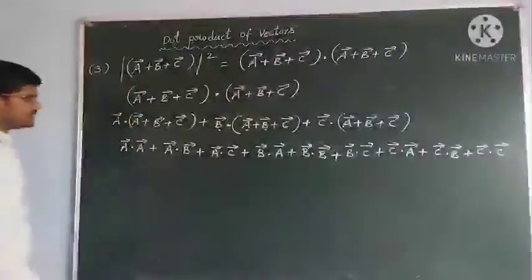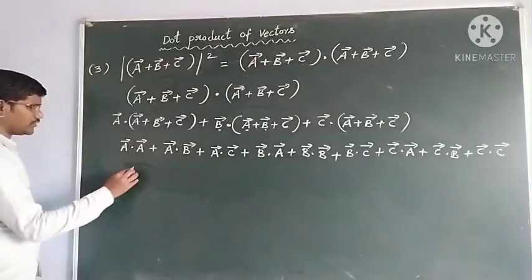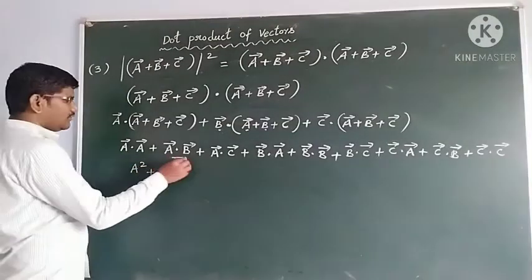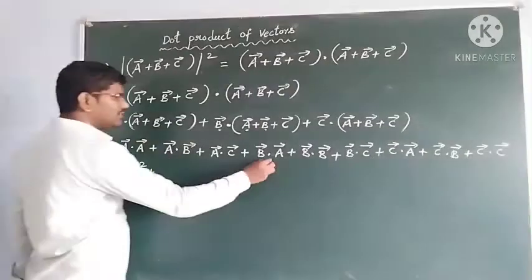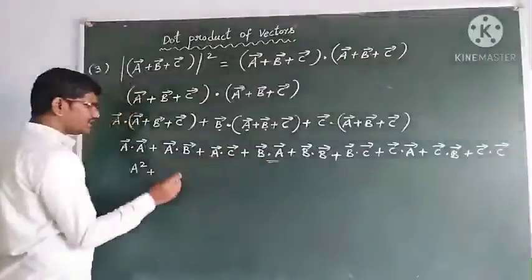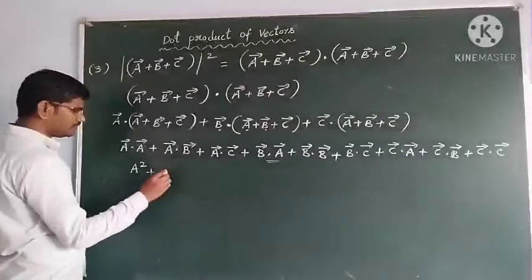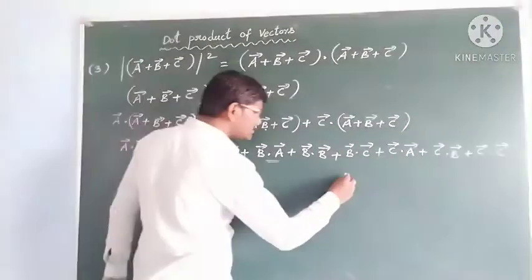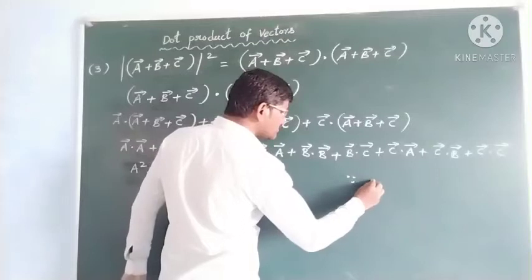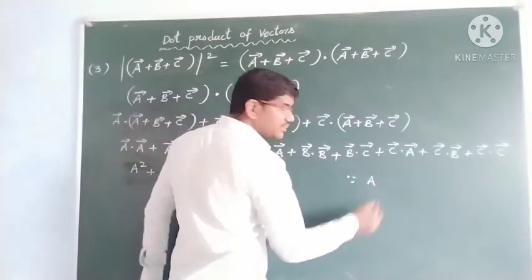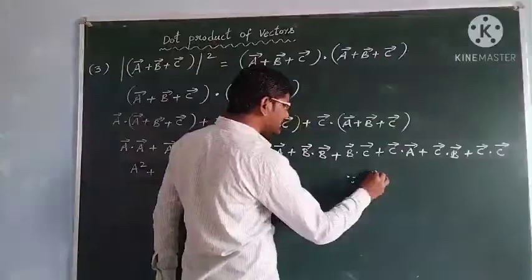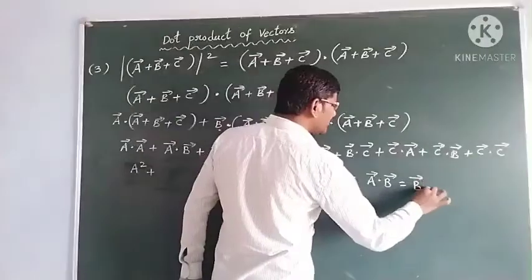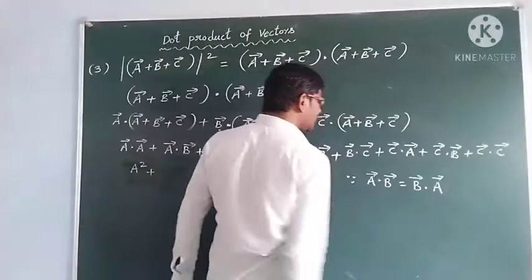Okay, students, a bar dot a bar is a square, you know. Here a bar dot b bar we have and b bar dot a bar we have. Both are same only, since dot product is commutative, we know. Dot product is commutative means a bar dot b bar is same as b bar dot a bar.